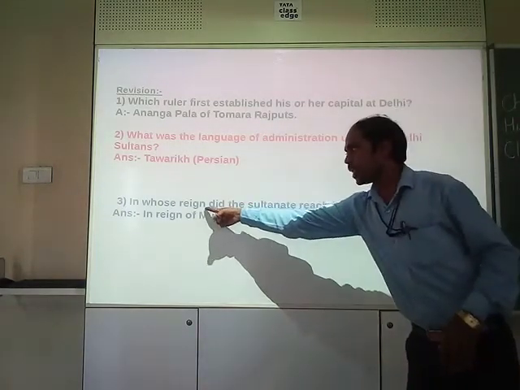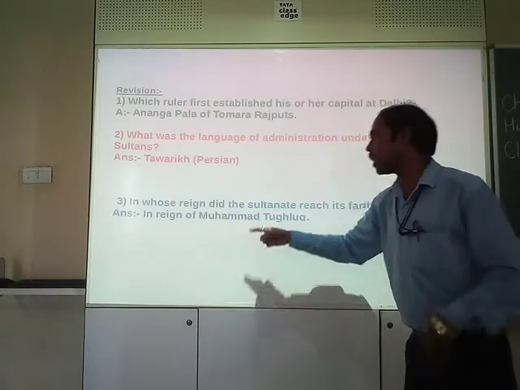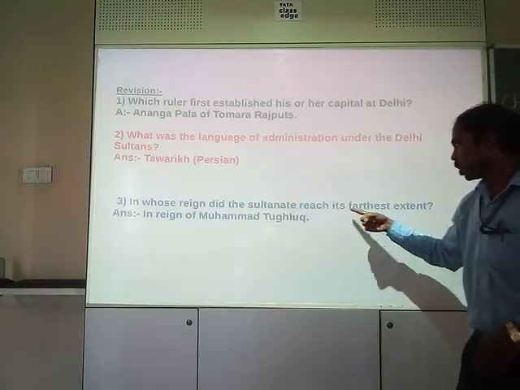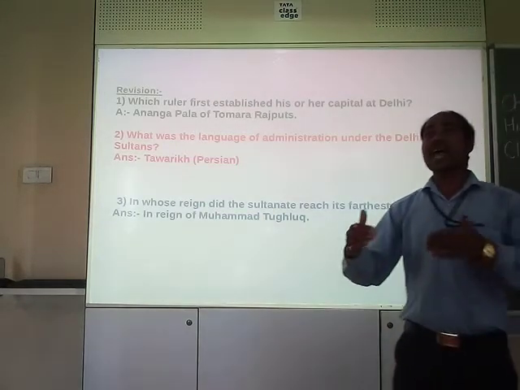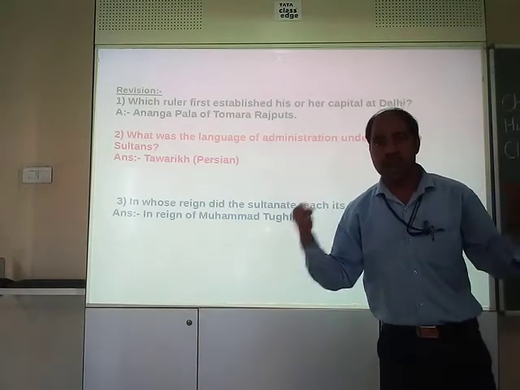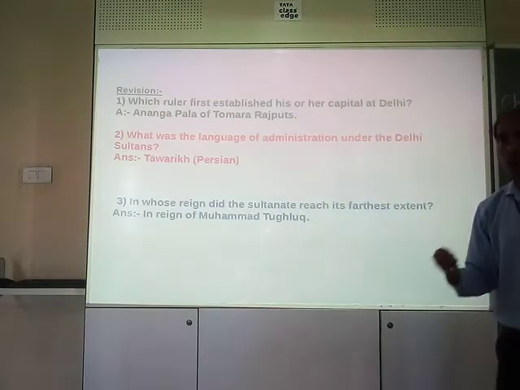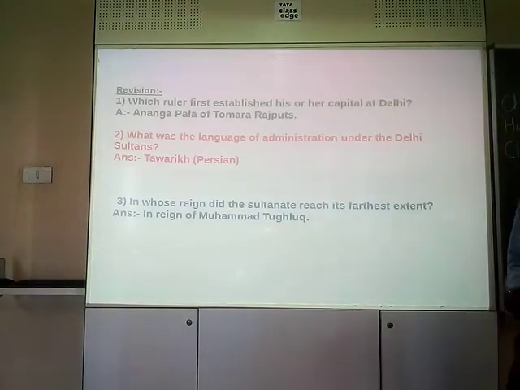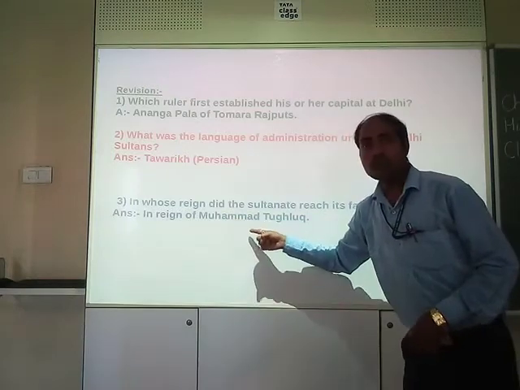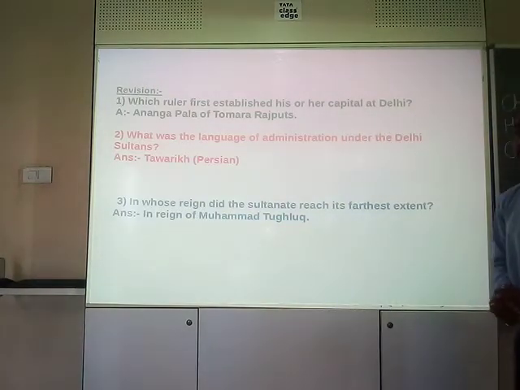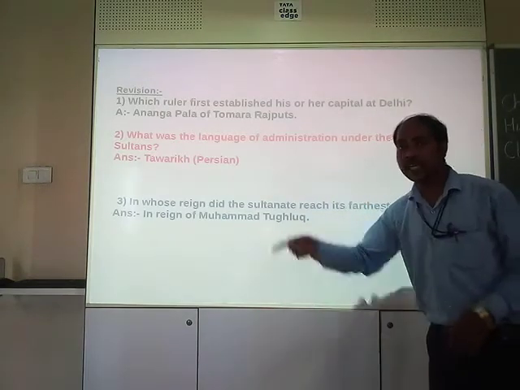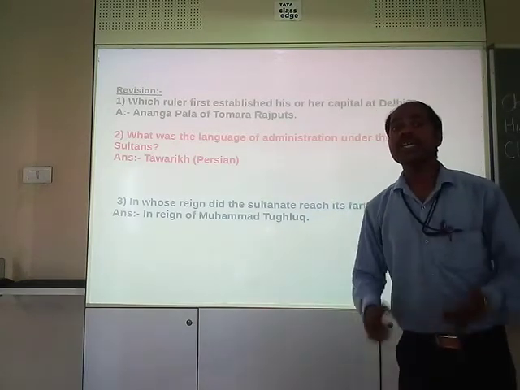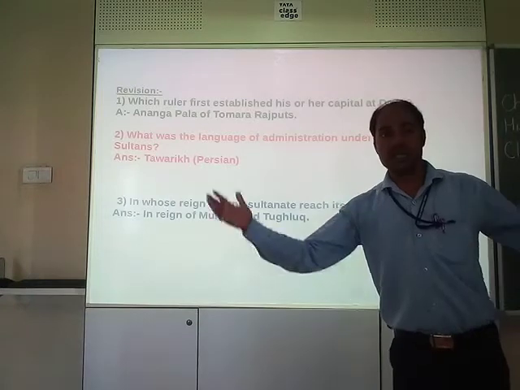In whose reign or under whose rule did the Sultanate reach its farthest extent? Farthest extent means when it is at its peak, when it is powerful and considered a strong kingdom. So always remember that in the reign of Muhammad Tughlaq, when he was ruling in Delhi, Delhi extended its empire to its farthest extent.